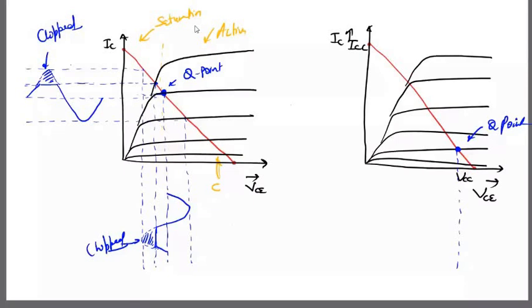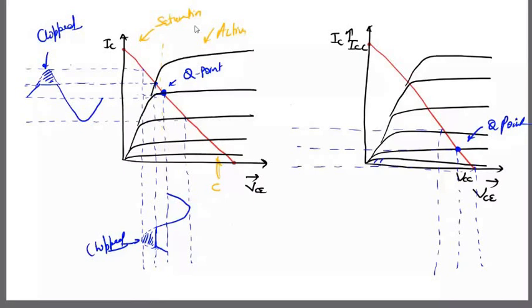So again, what will happen if I draw the characteristics? This portion of the characteristics will be clipped, because the portion of the waveform maxima or peak lies in a region other than active.